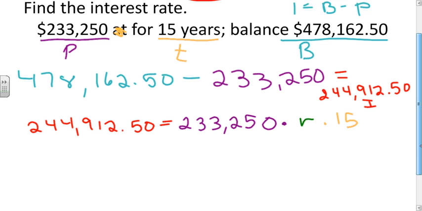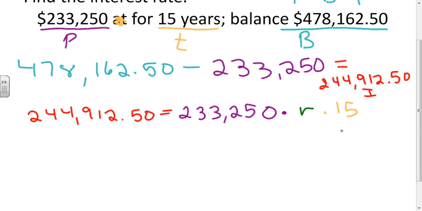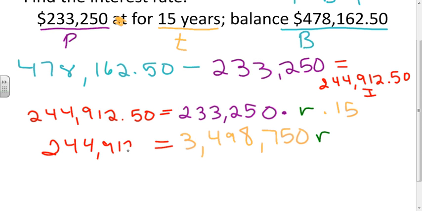If I take my principal times my time, 233,250 times 15, I'm going to get 3,498,750 times the rate is all equal to that interest that I calculated earlier, 244,912.50.